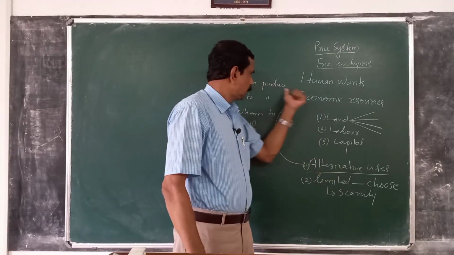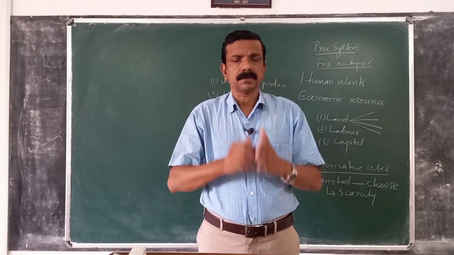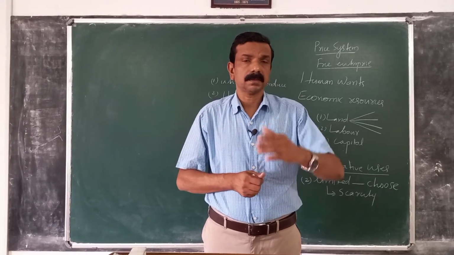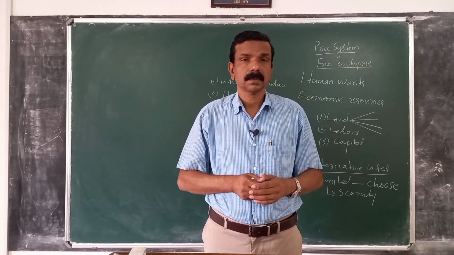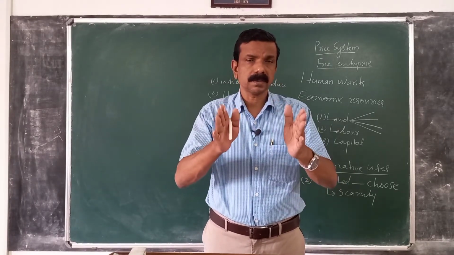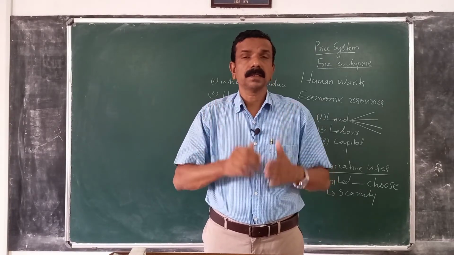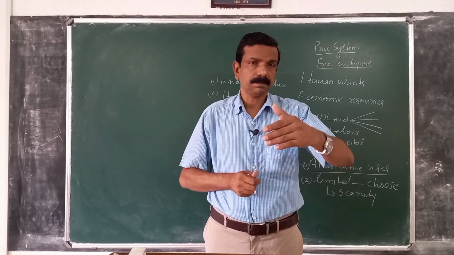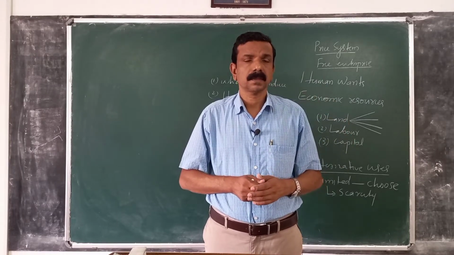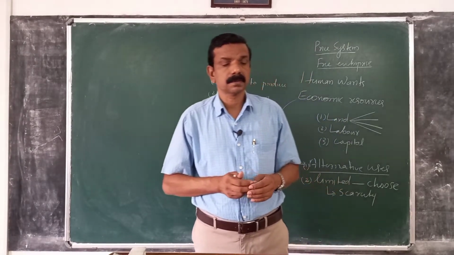Now consider what to produce. What to produce refers to what goods and services a society should produce and in what quantities. That is, priorities should be given to the production of which goods and services, and what should be the quantity of each good and service to be produced.